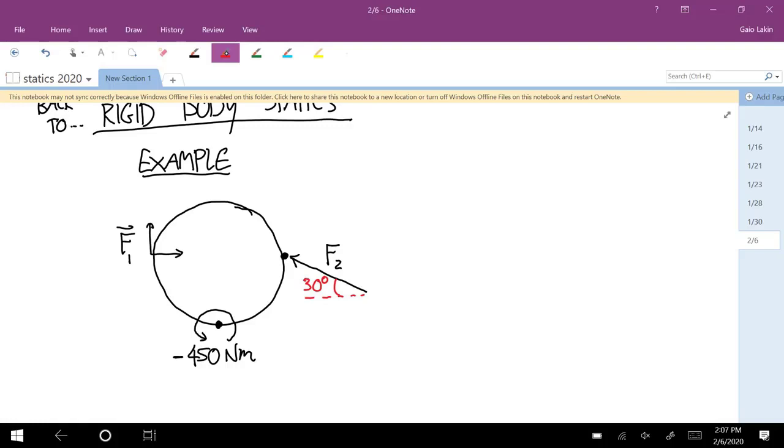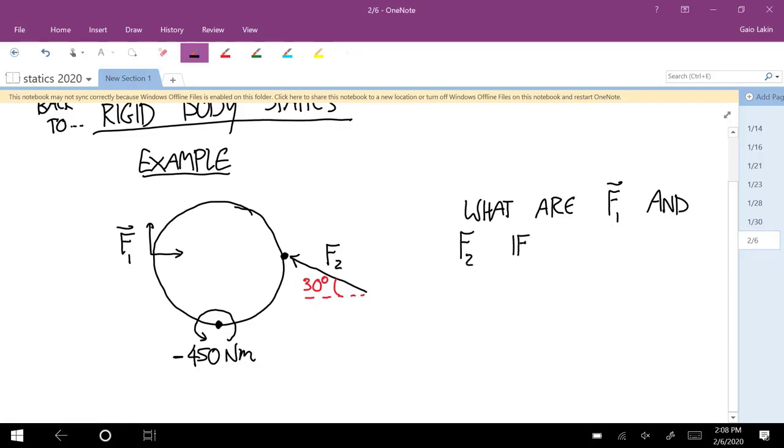Okay, so let's calculate what F1 and F2 are if this object is in equilibrium.